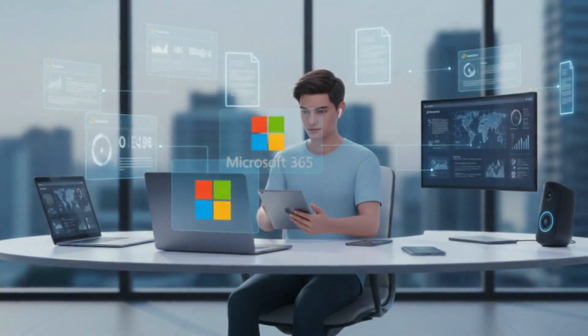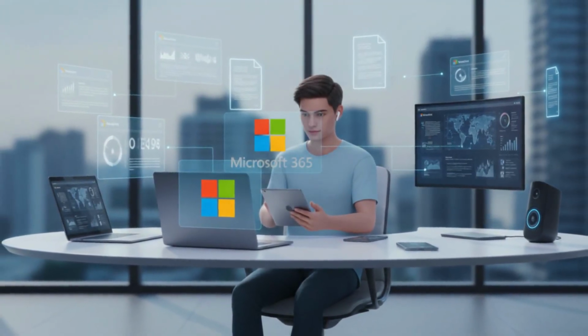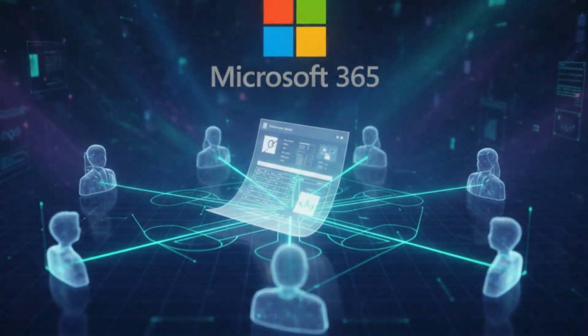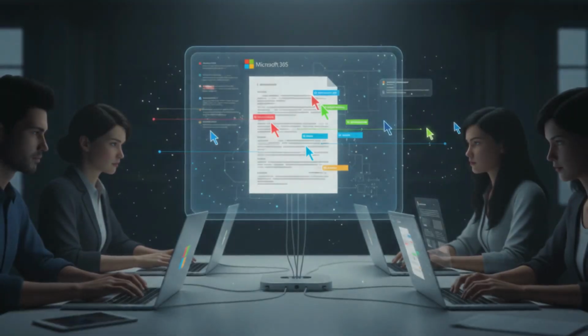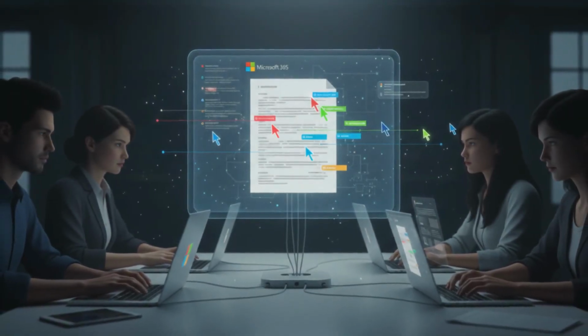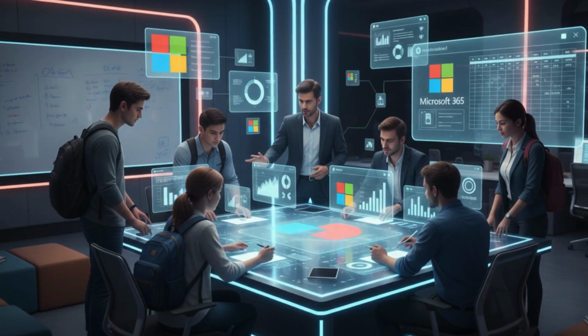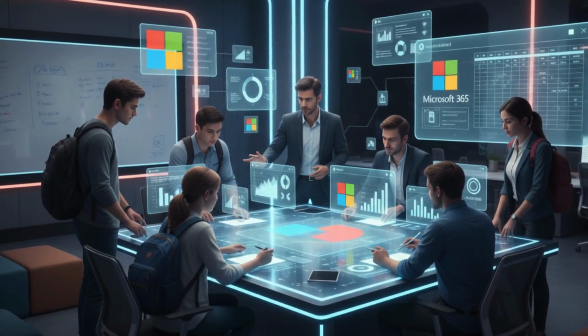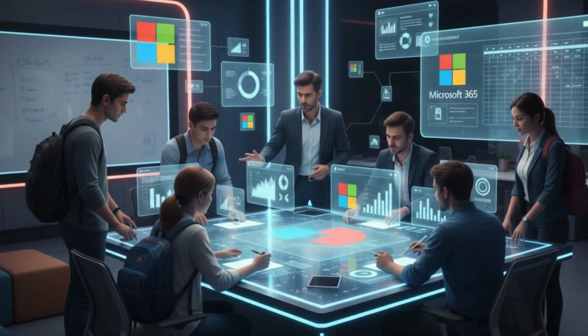This seamless syncing creates a flexible workflow that fits modern, multi-device lifestyles. Another major strength of Microsoft 365 is real-time collaboration. Multiple users can work on the same document simultaneously, seeing each other's edits instantly. This feature is especially valuable for students working on group projects and teams collaborating in professional environments.